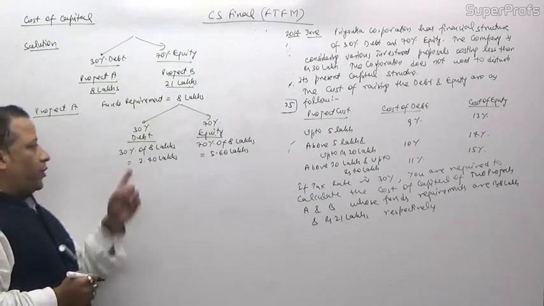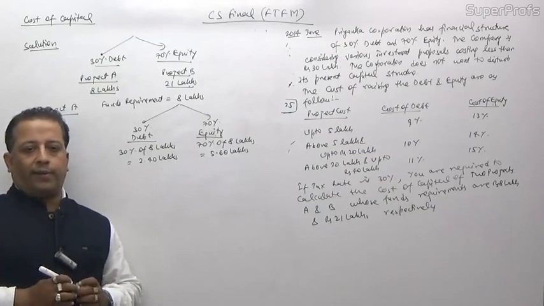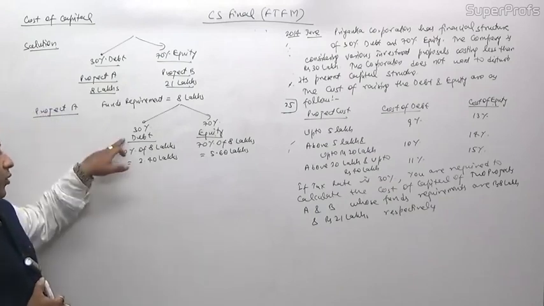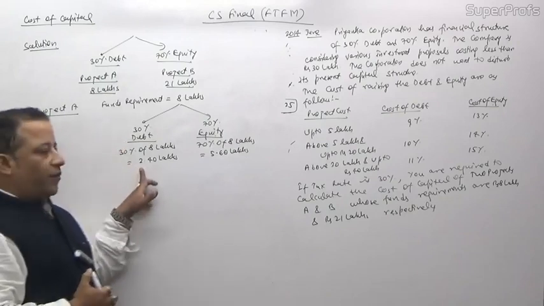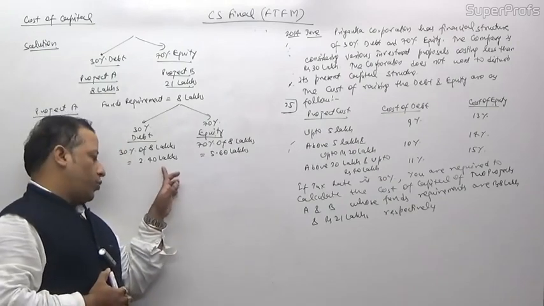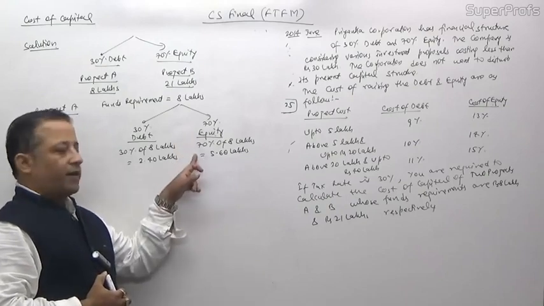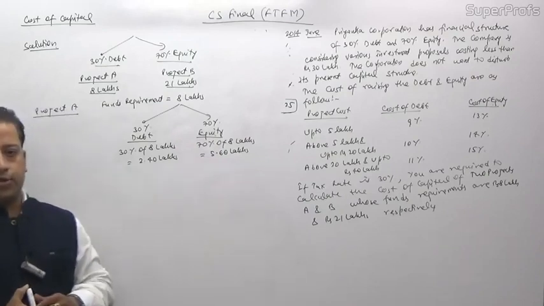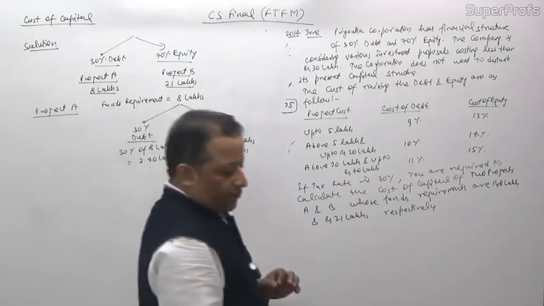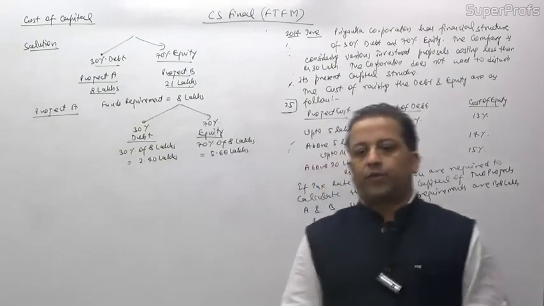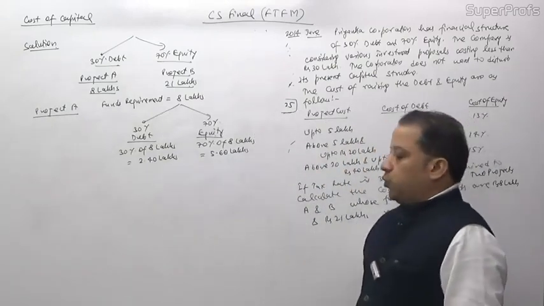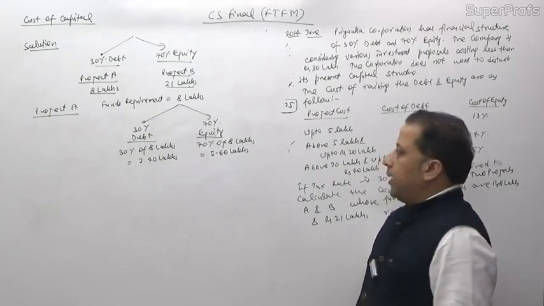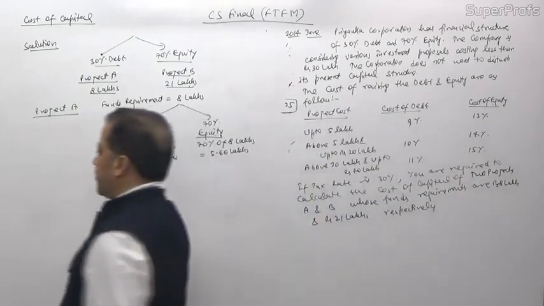So the total fund requirement is rupees 8 lakh; the amount of debt is 2.40 lakhs and the amount of equity is 5.60 lakhs.